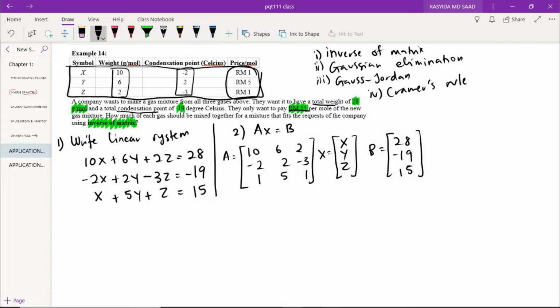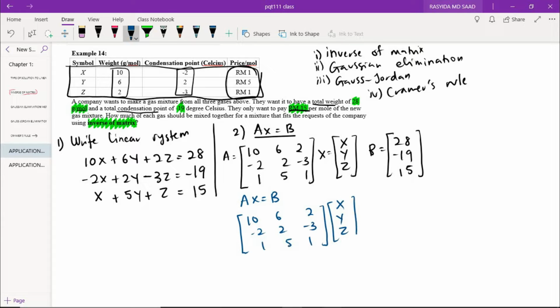Then for matrix A times X equal to B, it will be 10, 6, 2, negative 2, 2, negative 3, 1, 5, 1, times x, y, and z, equal to 28, negative 19, 15.